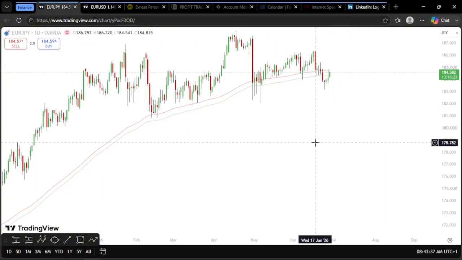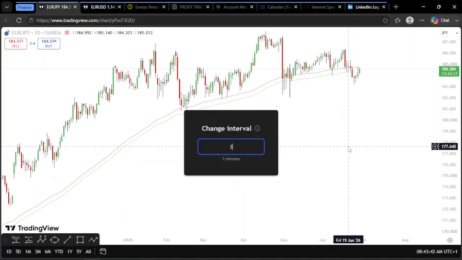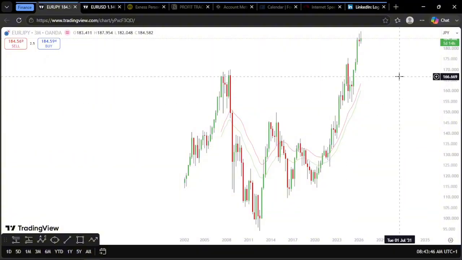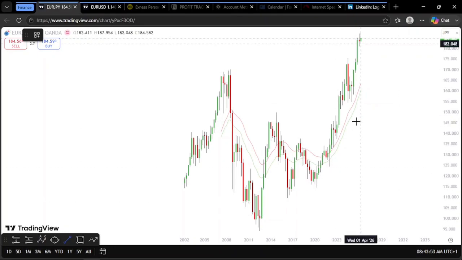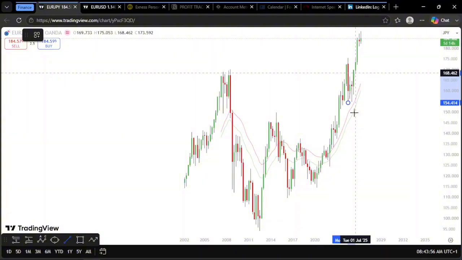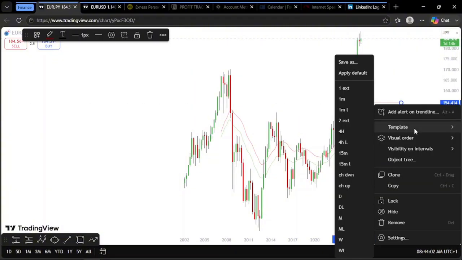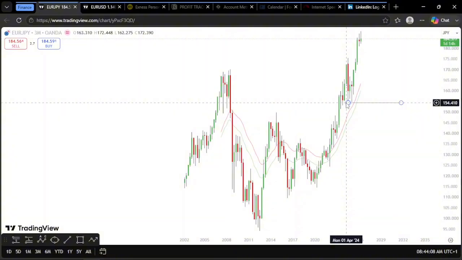So our next currency pair is Euro JPY. On Euro JPY, okay, we have this structure range here. We have our higher low here, then our higher high.